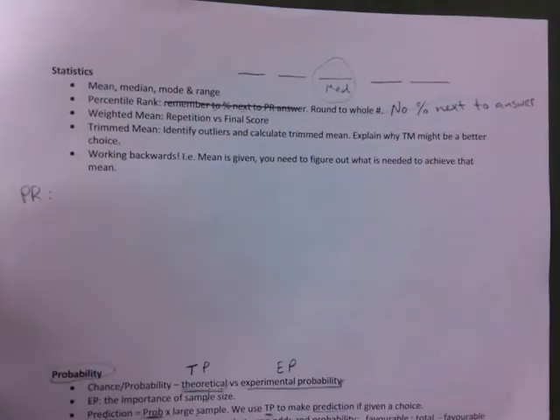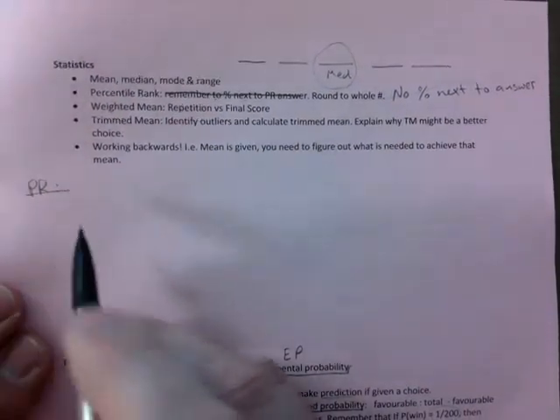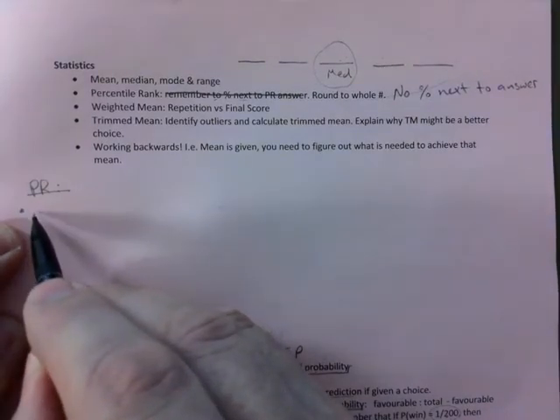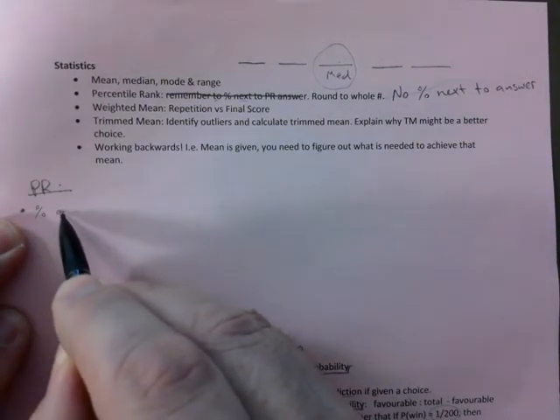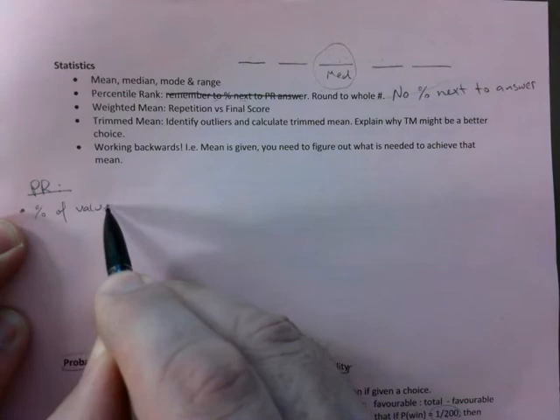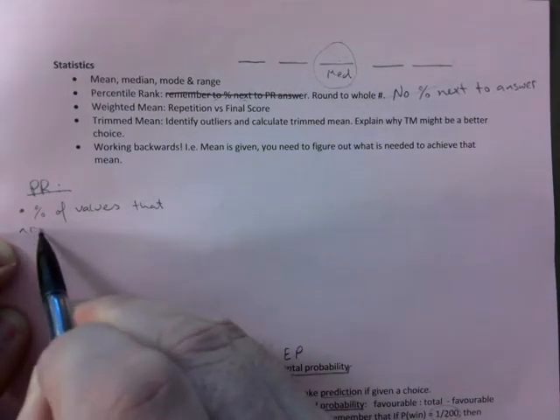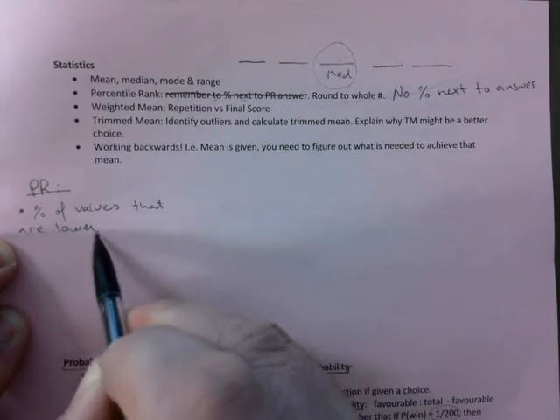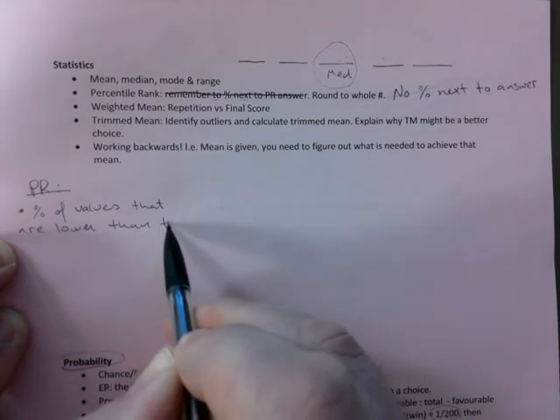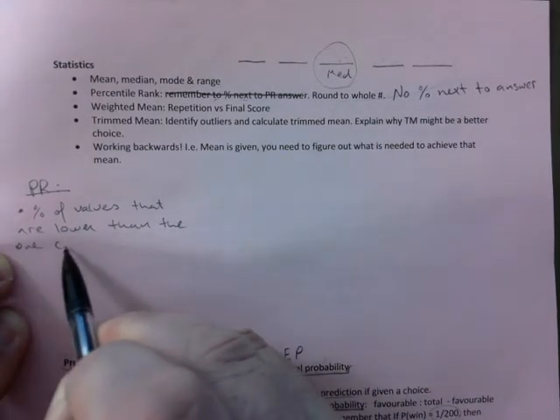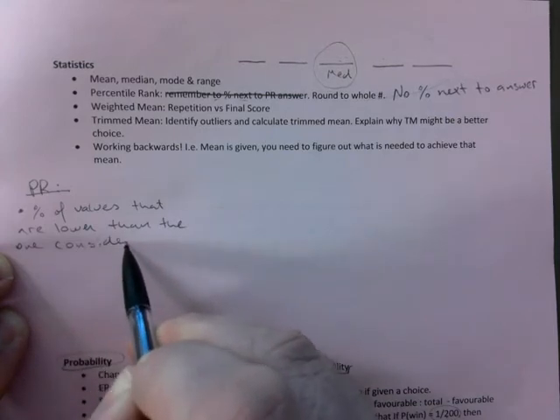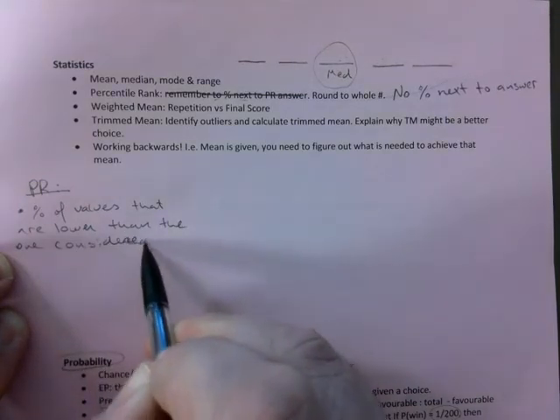Percentile rank. Let me zoom out a bit. Percentile rank, it tells you the percentage of values that are lower than the one considered.